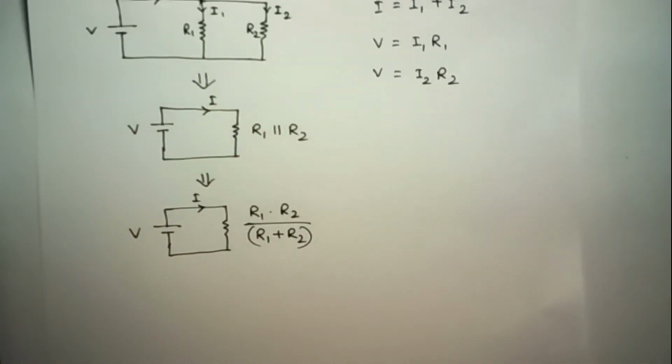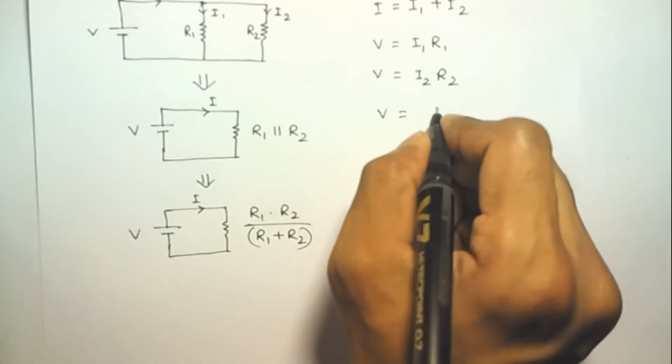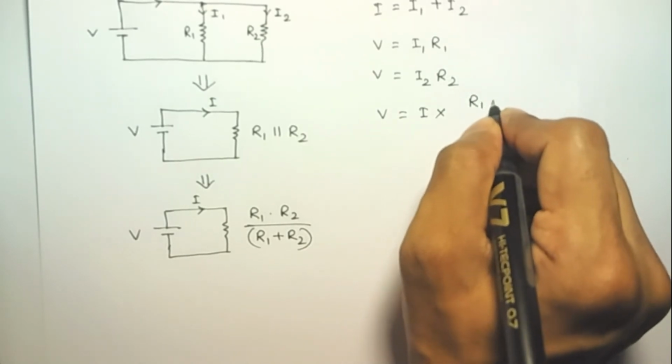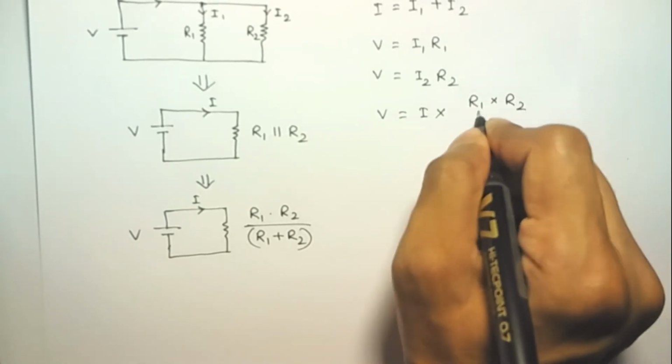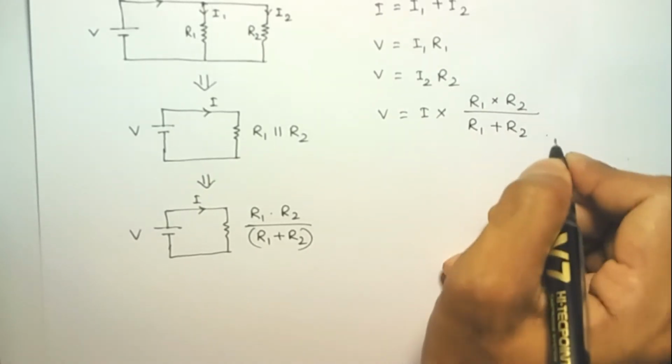So again we can write V equals I into R1 into R2 divided by R1 plus R2.